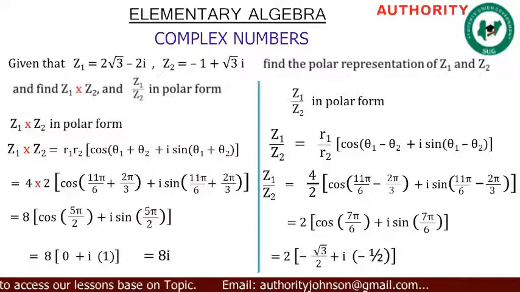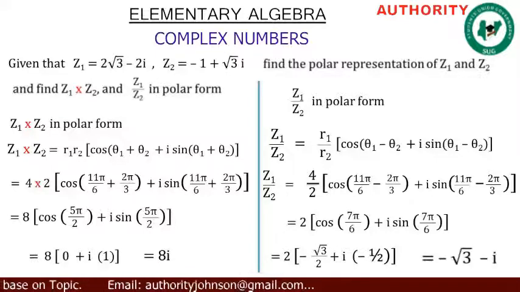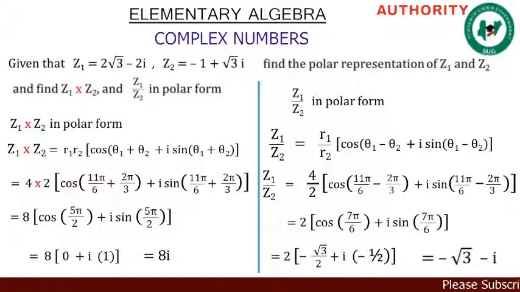Now 2 times minus root 3 all over 2 is going to give us minus root 3. And i times minus 1 all over 2 is minus 1 all over 2 i, and times 2 is going to give us minus i. So z1 all over z2 in polar form is going to give us minus root 3 minus i.